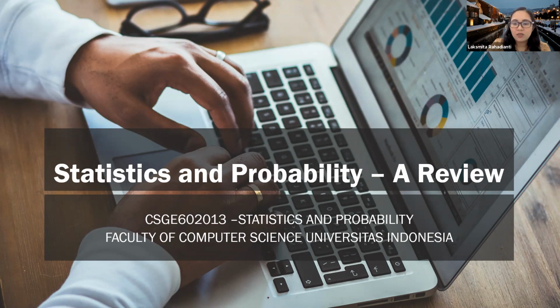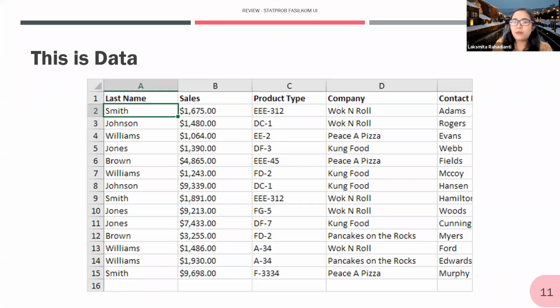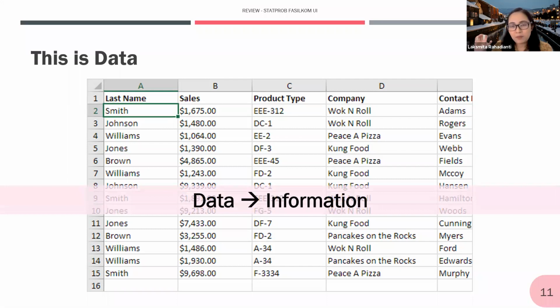Okay, so remember that what we are trying to do in this course is as simple as this: I want to change a bunch of data, which may be shown to me as a bunch of numbers, or in a table of many different types of data, into something that is meaningful for me.